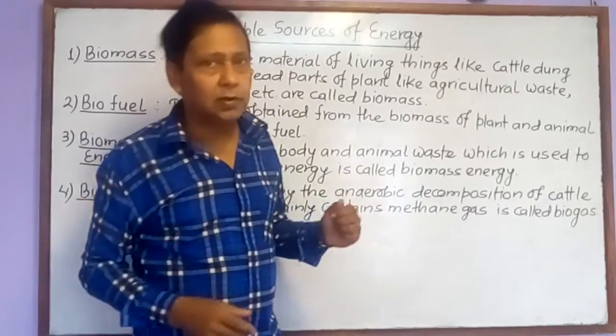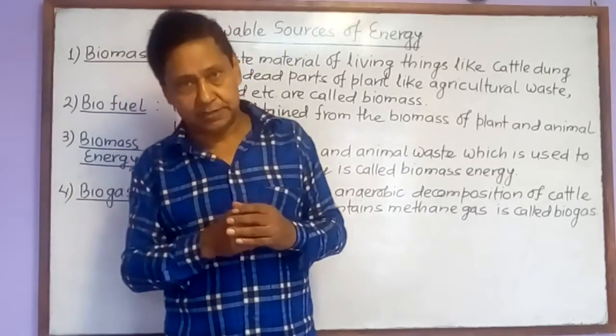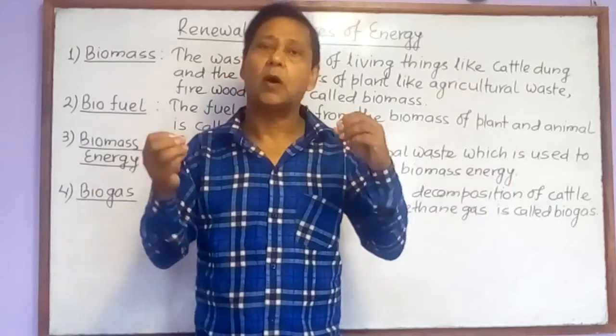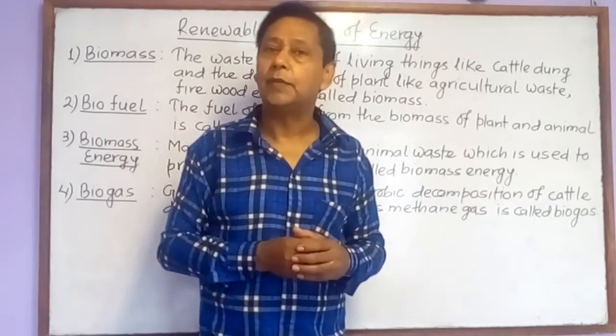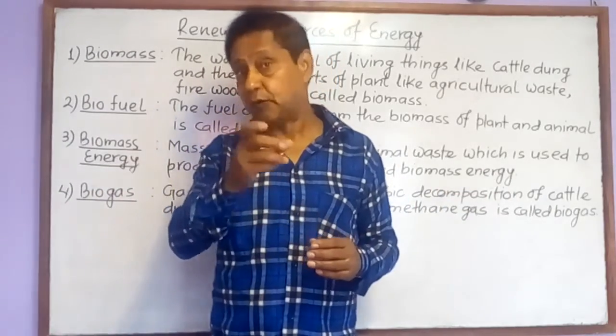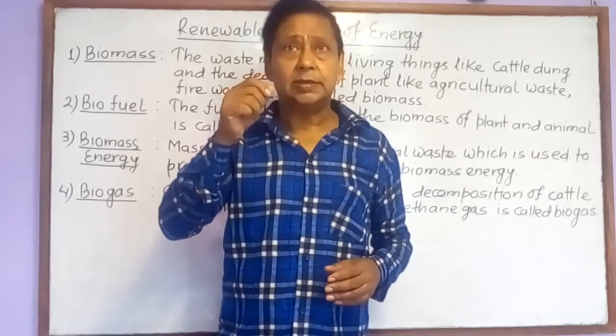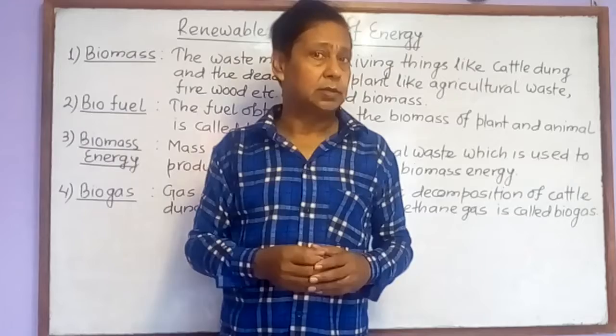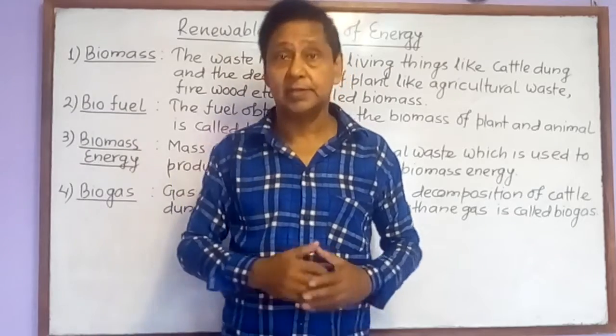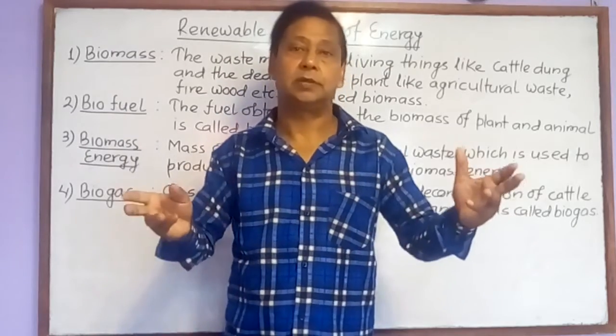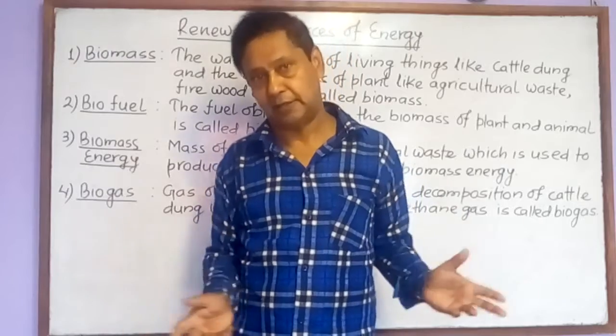Now next, the liquid form of biomass energy. What is it? Very common is alcohol. Alcohol is a liquid form of biomass energy, and pure alcohol can be used to run vehicles also. When it is burnt, it gives a lot of heat energy.